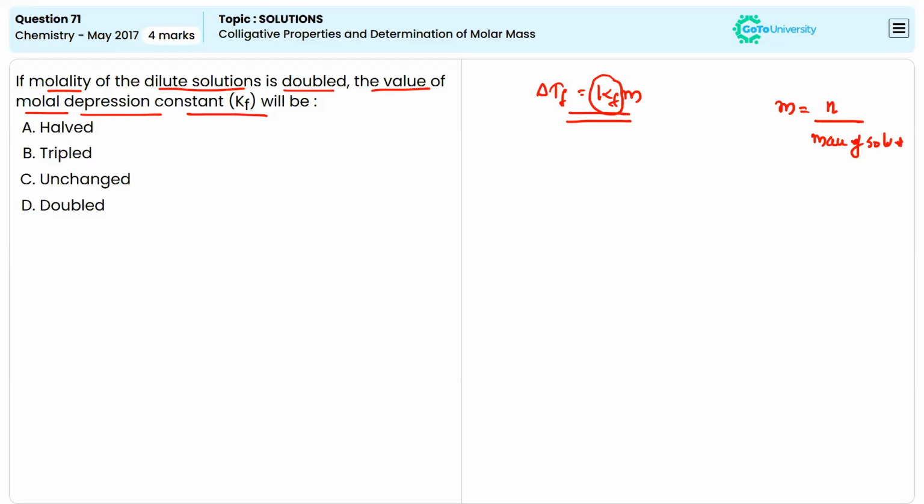Whether the solution is concentrated or diluted doesn't matter. It will not affect the value of Kf, because Kf is a constant that differs for different kinds of solvents, not depending on the concentration. So the Kf value will remain unchanged. So the correct answer is option C.